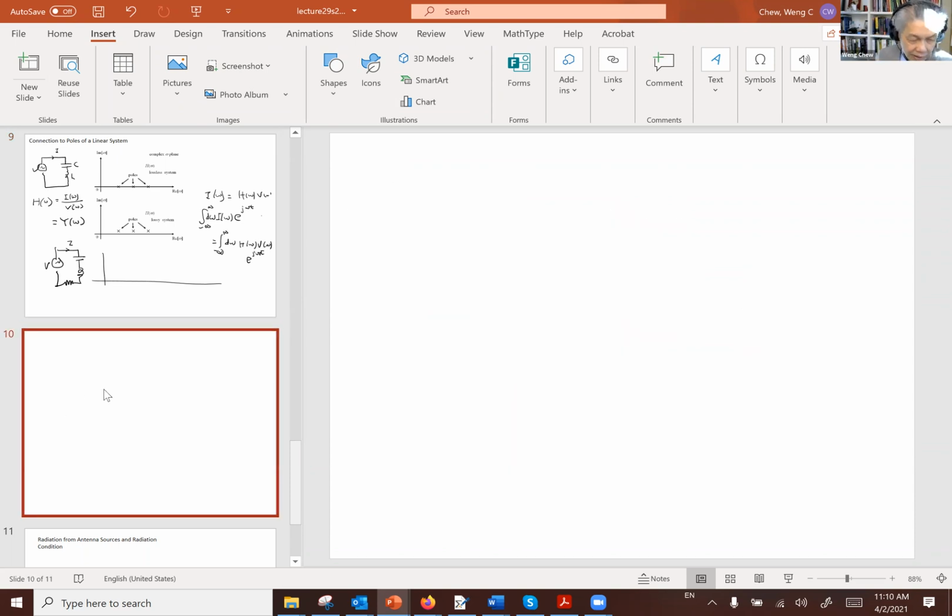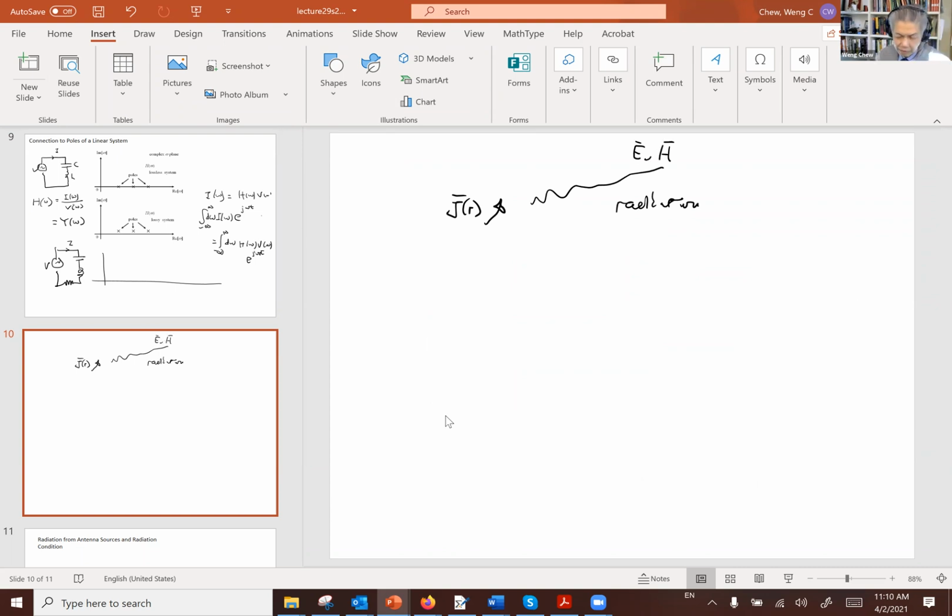Well, let's deal with the case of an antenna. So if you have an antenna and you have a prescribed current, and this antenna radiates, it will produce E field and H field outside. Are you sure that the solution will be unique for this problem?